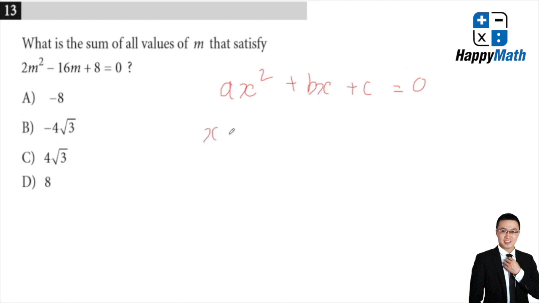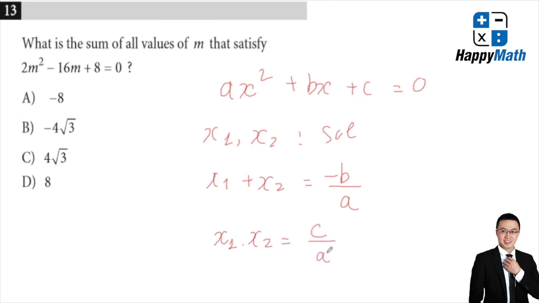So I call x1 and x2 the solutions of this equation, and we have the formula: x1 plus x2 will be equal to minus b divided by a. And if you want to find the product of x1 and x2, the formula is c divided by a.